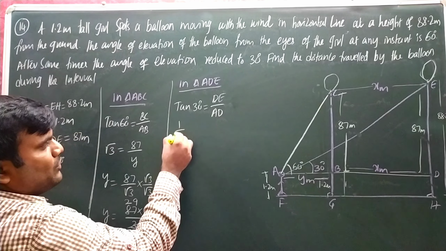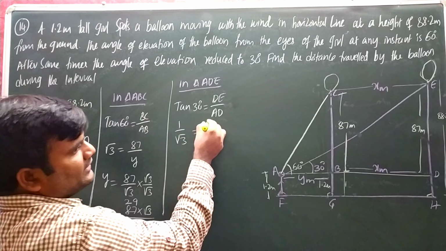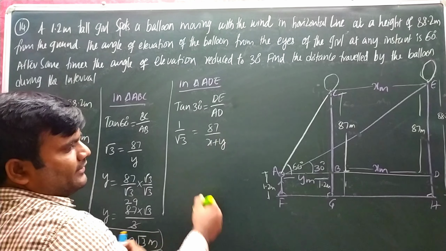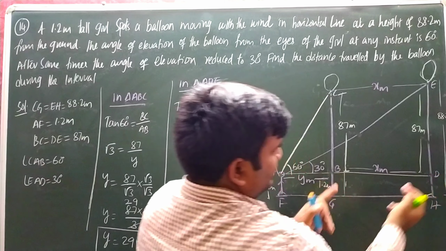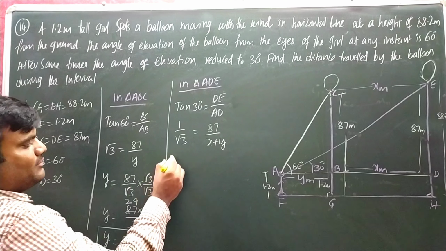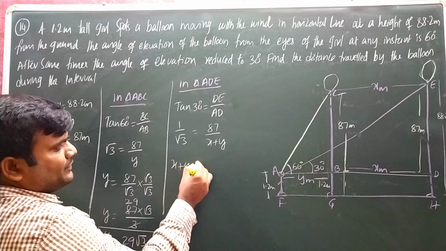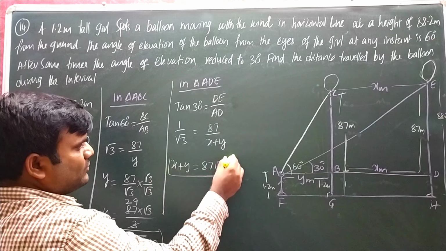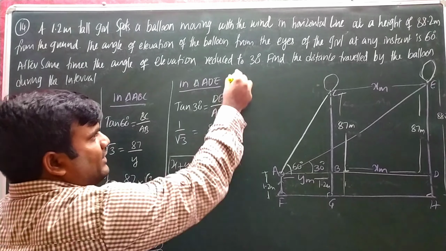The tan 30 value is 1 by root 3. DE is 87, and AD is x plus y. So x plus y equals 87 root 3. This is our clue 2.